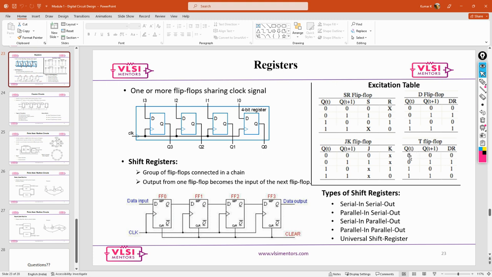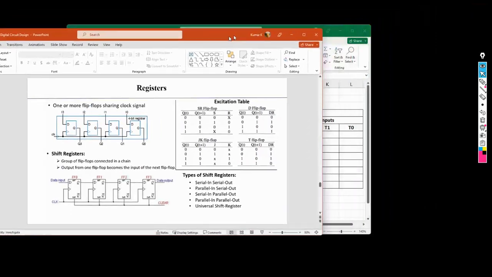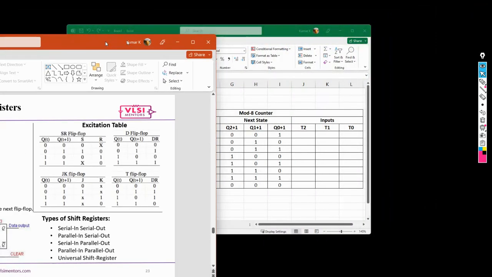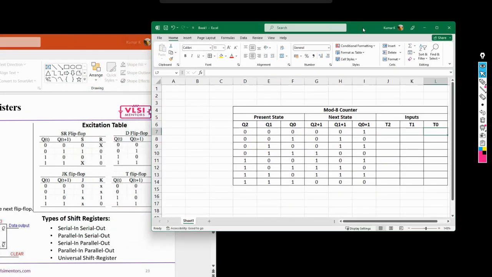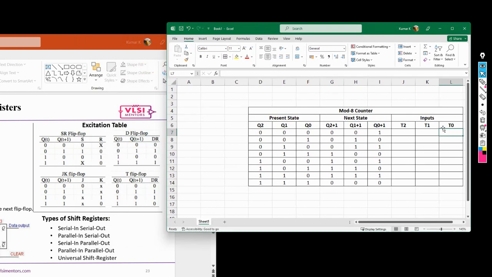So if you want 0, basically your current state is 0 and your next state is 0, then you have to keep it as a 0. Now here 0 and here also 0, so it is going to be 0. Now here also 0, 0 and then 0, so that is fine, 0.